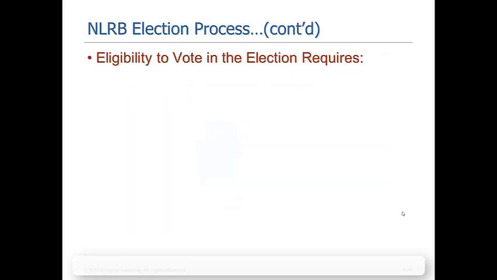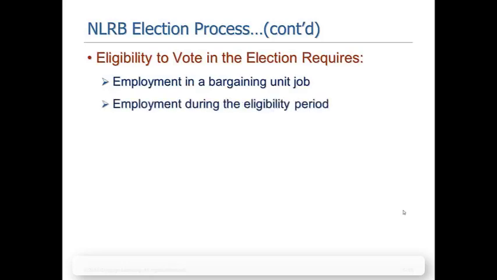Next, the NLRB is going to determine the eligibility of people to vote in the election. Okay? So a person needs to be employed in a job that's within the bargaining unit, and that employment has to be during the period, usually the payroll period immediately preceding the date of the consent agreement is the beginning of that time period.